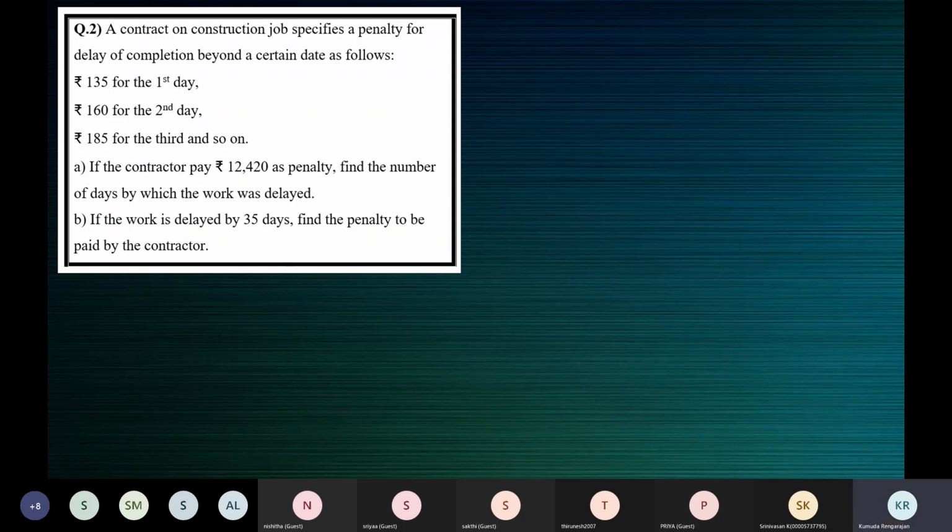If there's a delay, that happens in the agreement itself. The contractor will have to bear some penalty for the delay in construction.